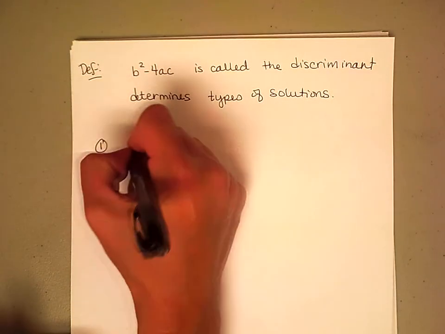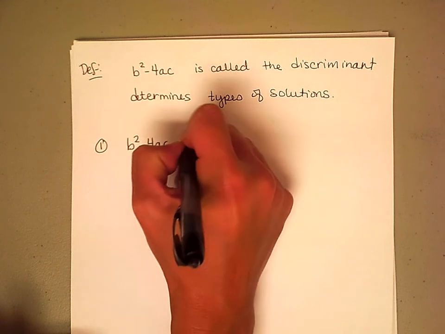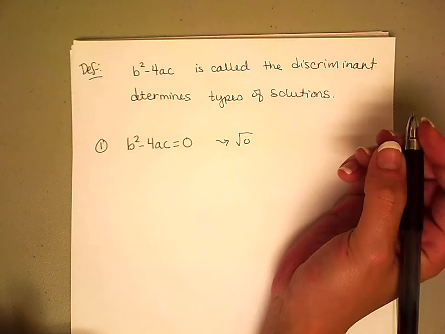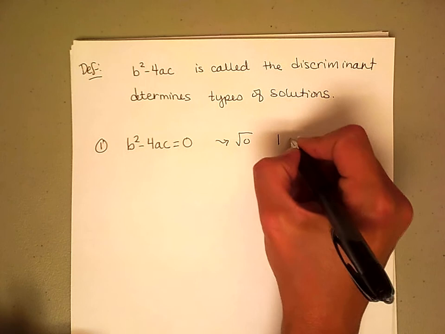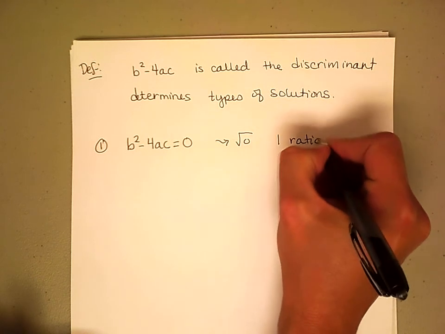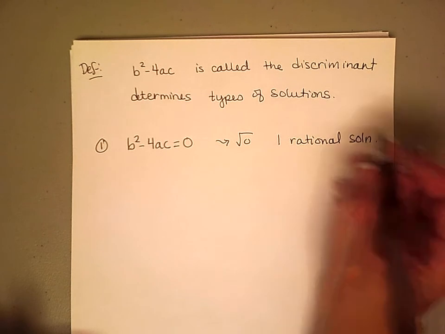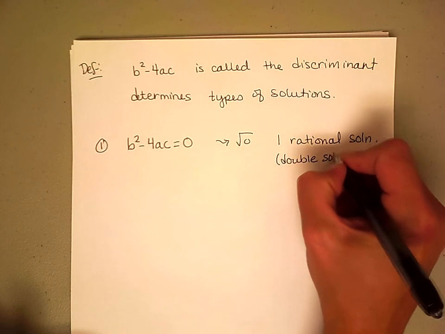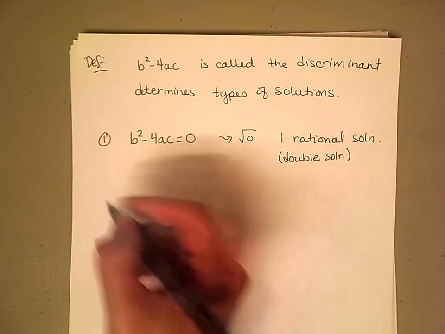So case 1 is the last one I mentioned. Either b squared minus 4ac equals 0, and hence you get the square root of 0. When that happens, you get one rational solution. And this will then be known as a double solution, which we'll talk more about later. But it'll be a double.